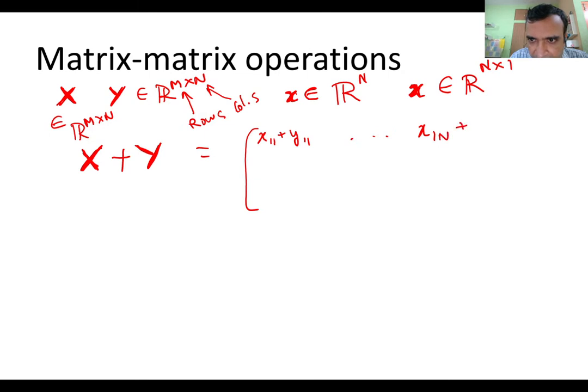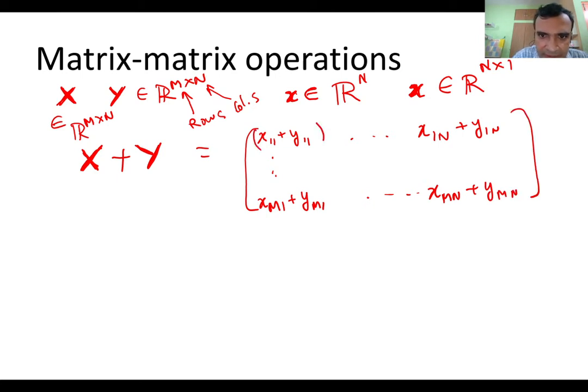The last row, the mth row, will be xm1 plus ym1, and all the way up to xmn plus ymn. So this will be the matrix. These are the individual elements of the matrix.